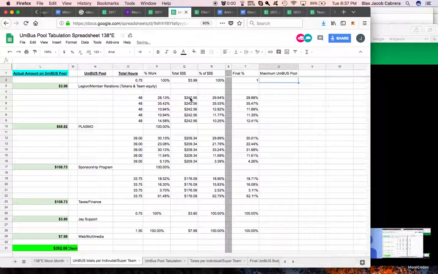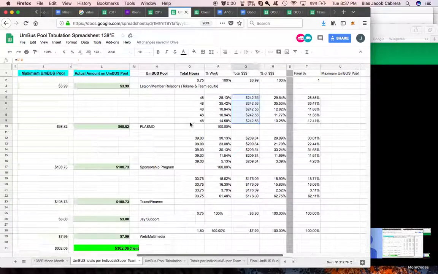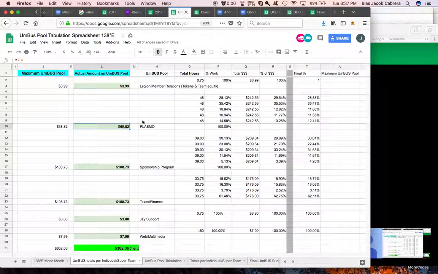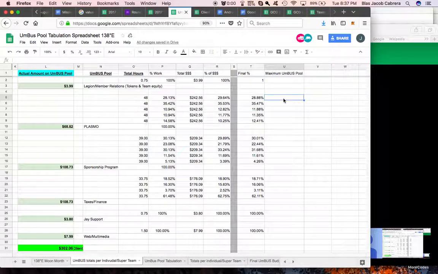So this was the total of the work that was done, but we know the maximum budget pool is only 68.82. So the total actual brought in was 68.82, and that's the maximum that can be made, right?